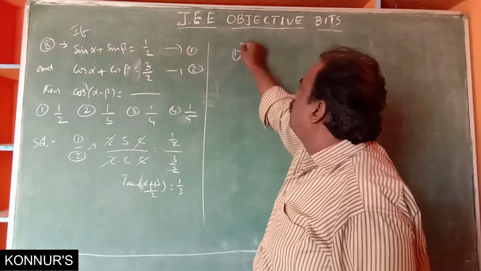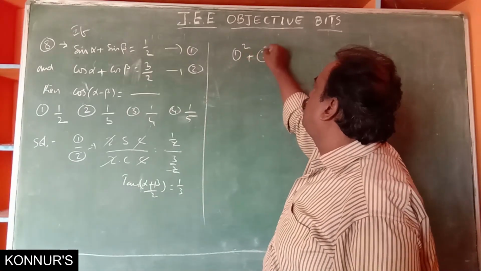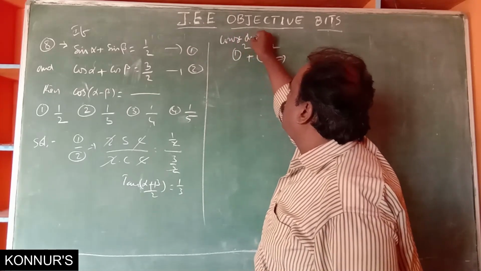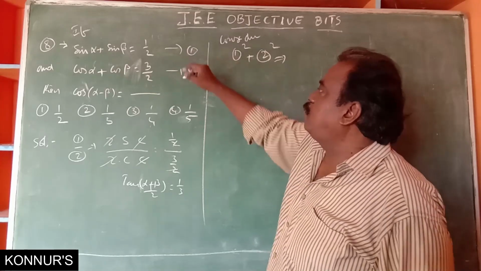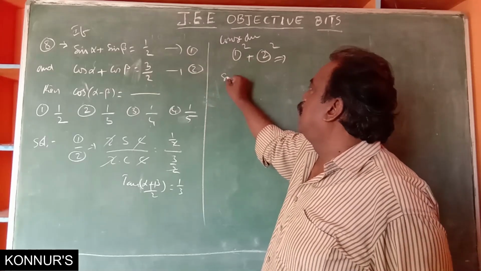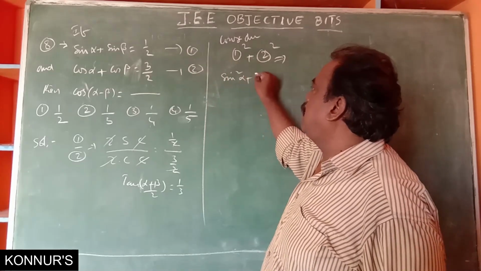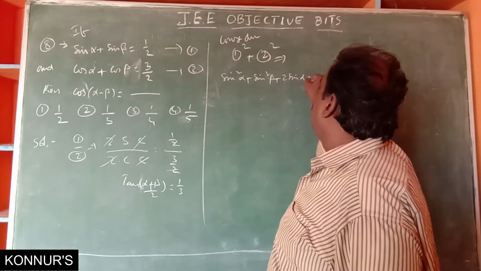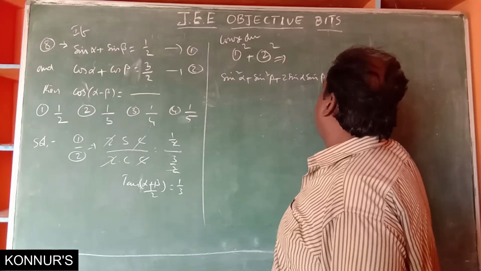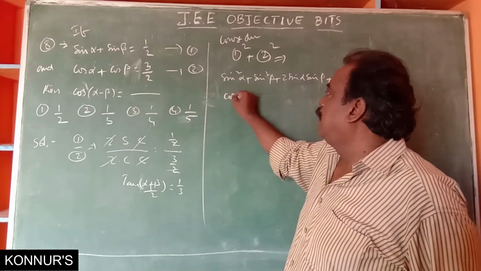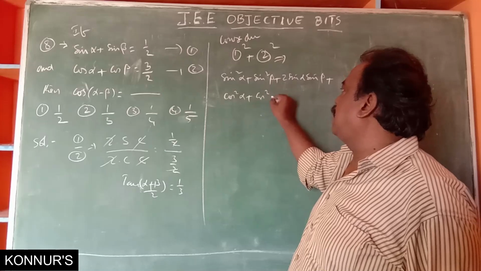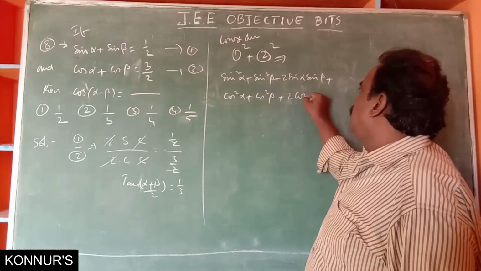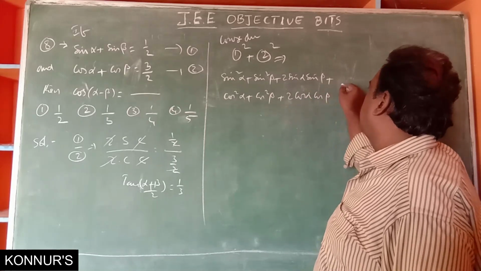You see, I am considering 1 square plus 2 square. It means sin square alpha plus sin square beta plus 2 sin alpha sin beta plus cos square alpha plus cos square beta plus 2 cos alpha cos beta, that means the second equation squared.